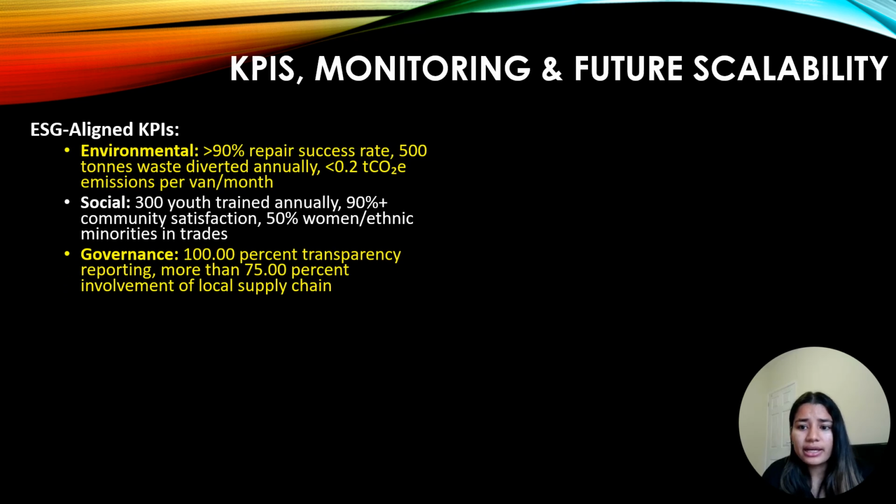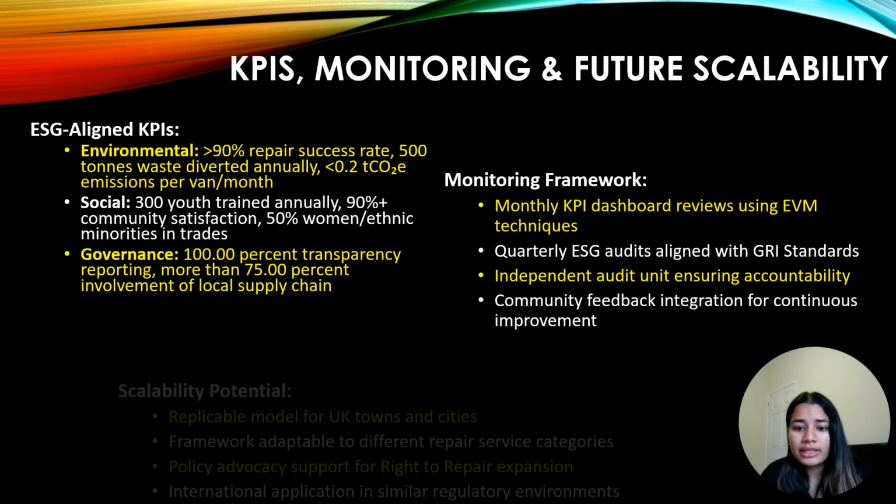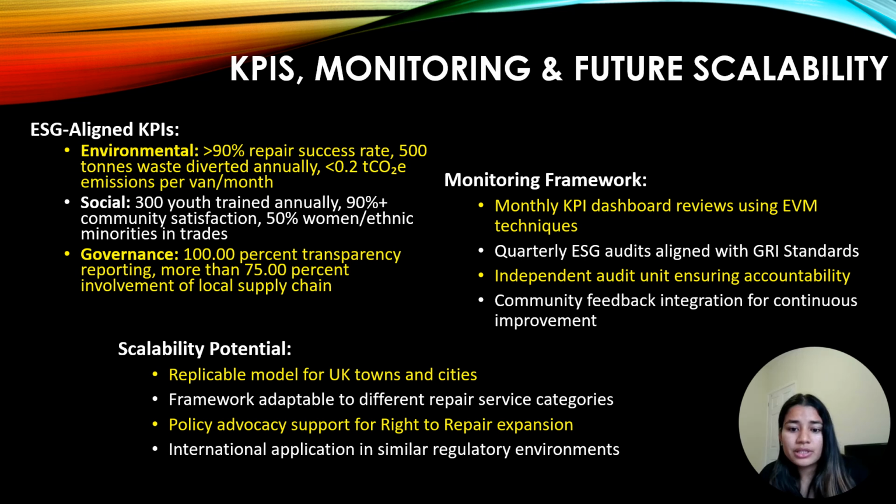Our holistic KPI system will lead the impact on all dimensions of ESG that can be easily measured. The environmental indicators are based on waste diversion and emission mitigation, and the achievement of ambitious but feasible goals based on industry standards. The social indicators favor inclusive employment and satisfaction of the community, improving service quality and training skills.